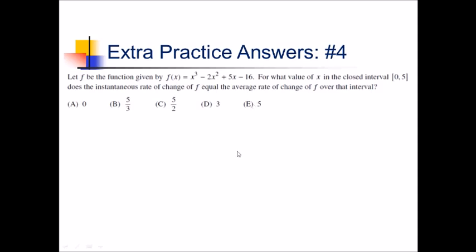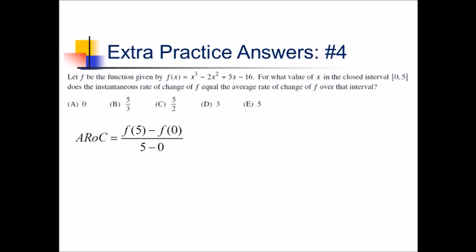All right, so let's keep going here. We need to find the average rate of change for this. So we're going to be doing f of 5 minus f of 0 over 5 minus 0. And this is going to be a fair amount of mental arithmetic here. You could do it out on paper.